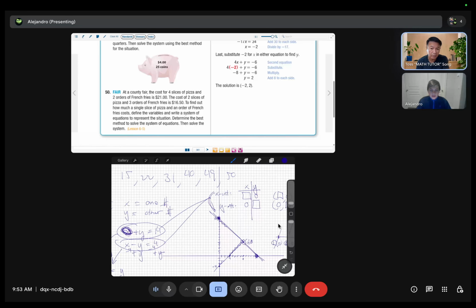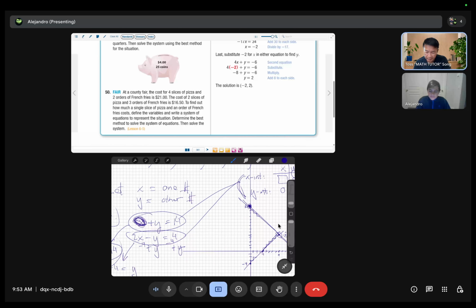The reason why they don't always use this is because sometimes if you do this with a 2 in front, like for the second equation, you're not going to get a nice even number. You're going to get a fraction. Since this one does not have any weird number, you can do it quickly. So you just connect them. Same thing, watch. When x is 0 for the second equation, your y is -4.